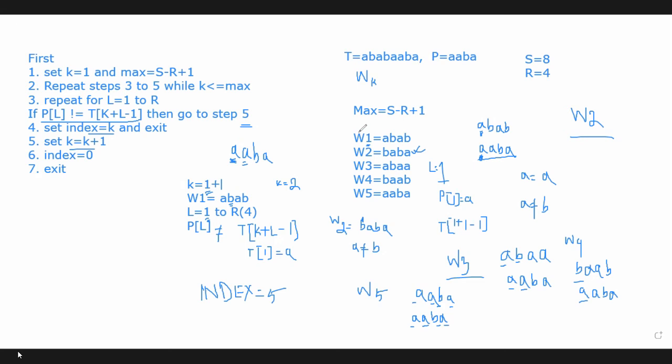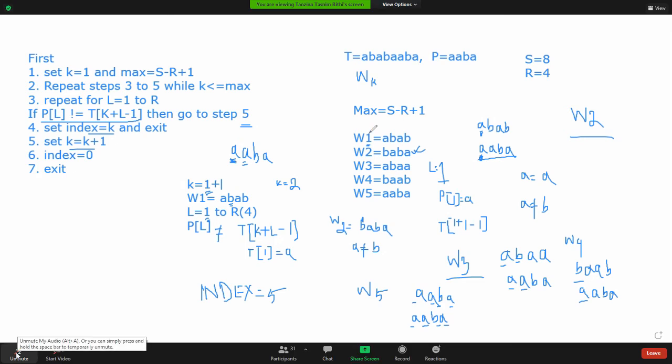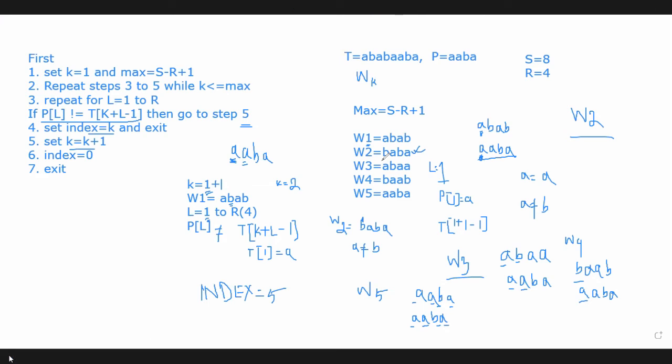When we are taking a substring, that is W1, the algorithm is comparing each corresponding character. That means we need to know the number of comparisons, how many times the algorithm needs to compare the corresponding characters within each substring.